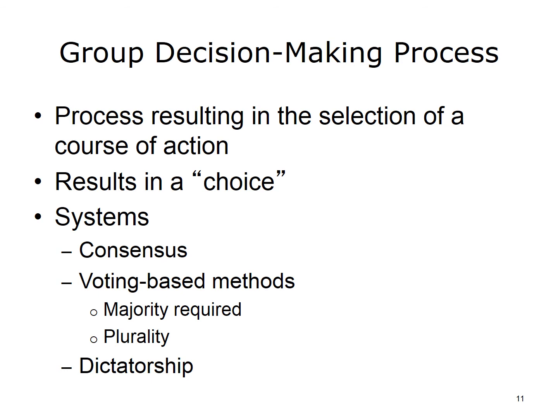There are multiple systems of group decision-making. These include consensus decision-making, which requires that a majority of the group approve a given course of action. If the minority opposes the course of action, consensus systems require that the proposed actions be modified to remove or modify those features where there is lack of agreement until the entire group agrees on the plan. Voting-based methods appropriate for this course include majority voting, which requires that more than 50% of the group members agree.